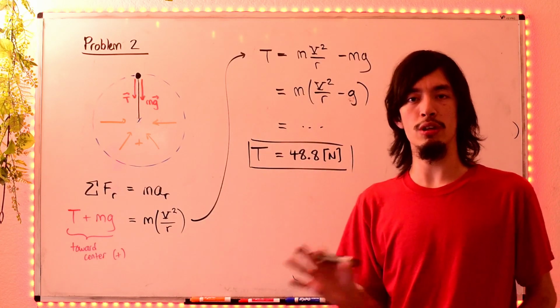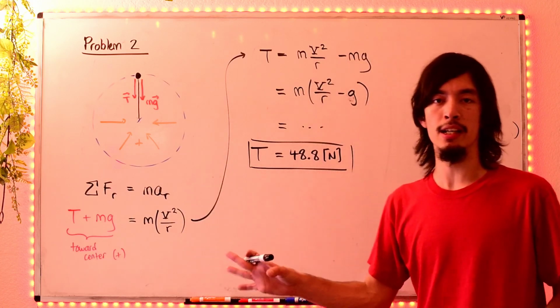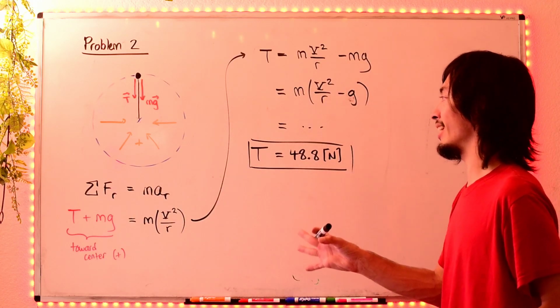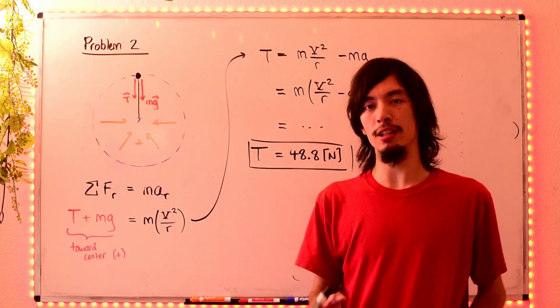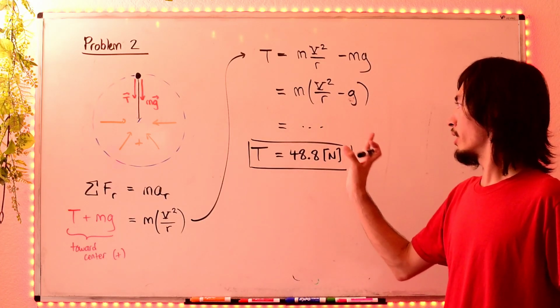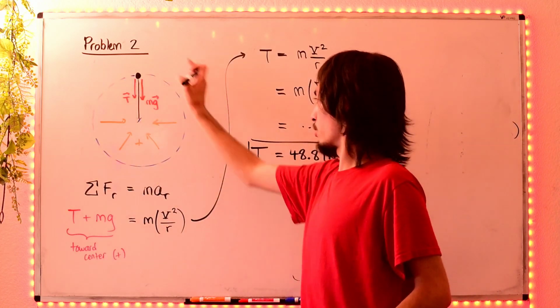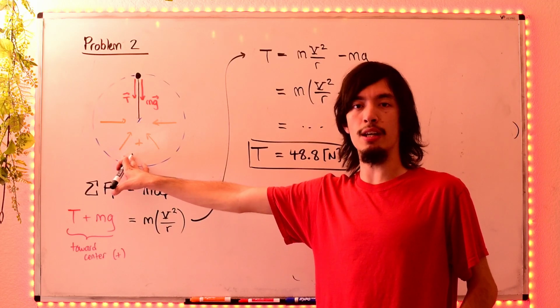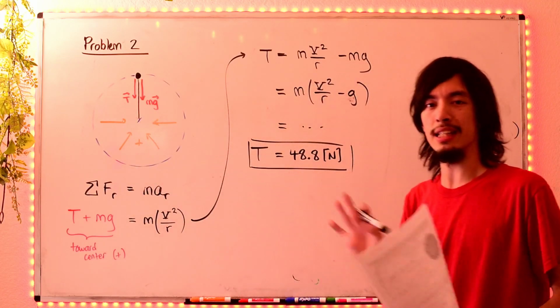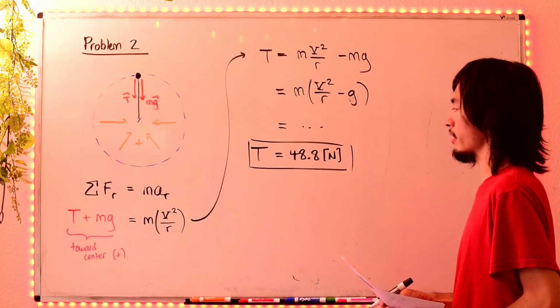So this one's a pretty straightforward problem. This one you should definitely be sure to get. There are some circular motion problems that are a little bit more complex, but this one, once you realize it's just a vertical circle and you set up your forces, as long as you understand positive is toward the center and negative is away from the center, that's the only complication that happens in this.